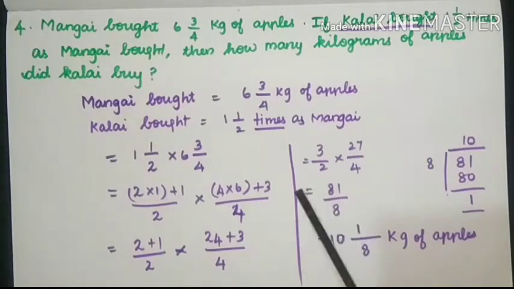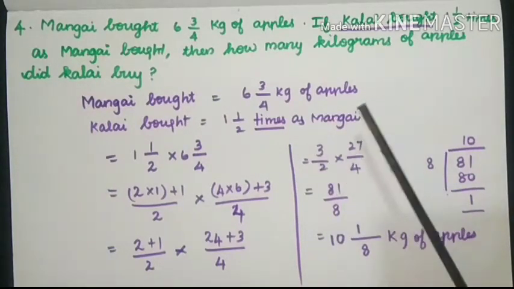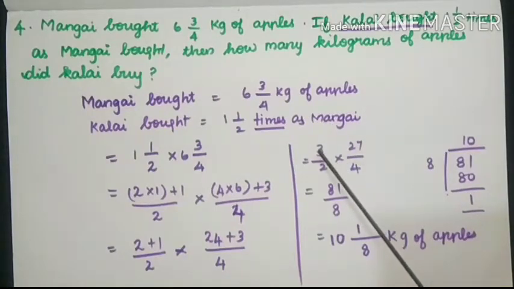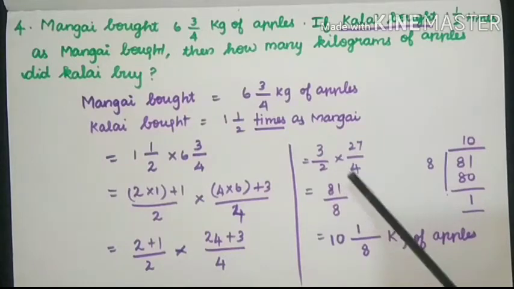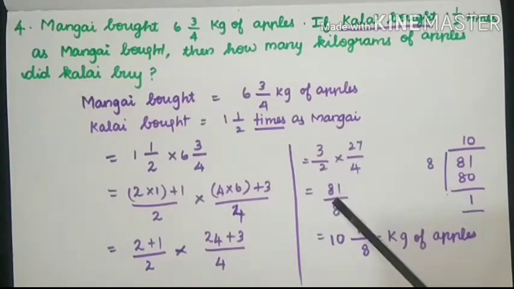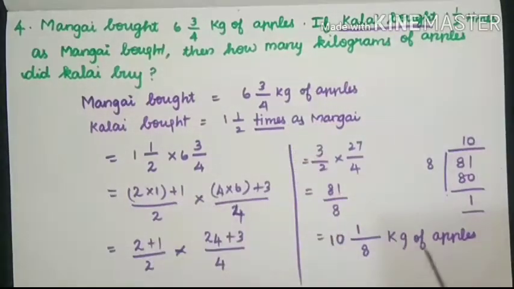Here, you have to multiply these two fractions. For this, no need to see the denominators. Directly you have to multiply numerator and numerator as well as denominator and denominator. 3 into 27 is 81 and 2 into 4 is 8. 81 divided by 8 is 10 1 by 8 kg of apples. See, Kalai bought 10 1 by 8 kg of apples.